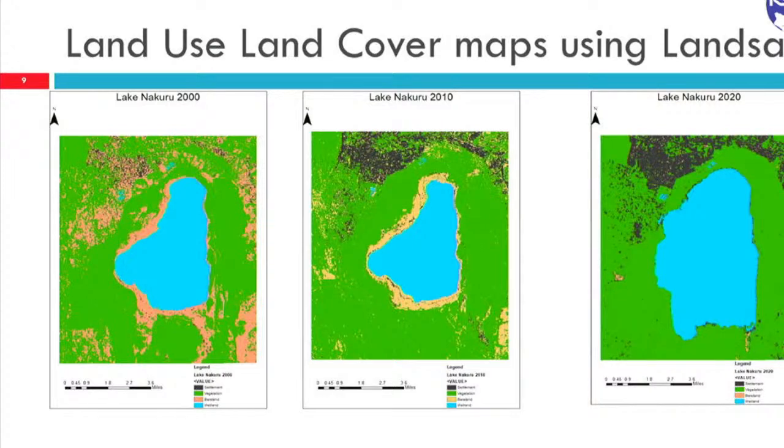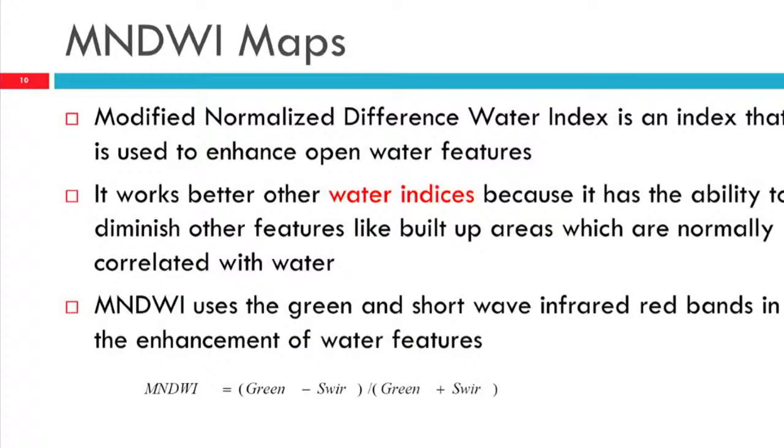Using Landsat, we have 2000, 2010, and 2020, and even by visual you can see that there have been some changes within that period. Then we have the MNDWI maps and the index.